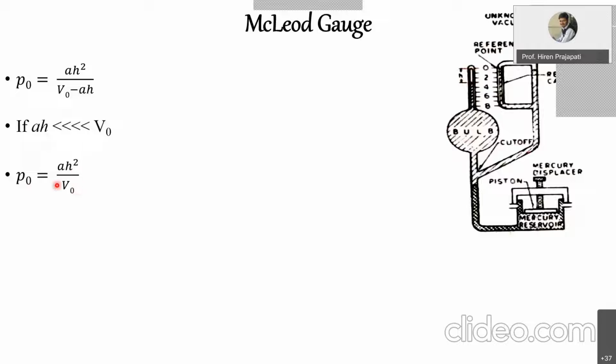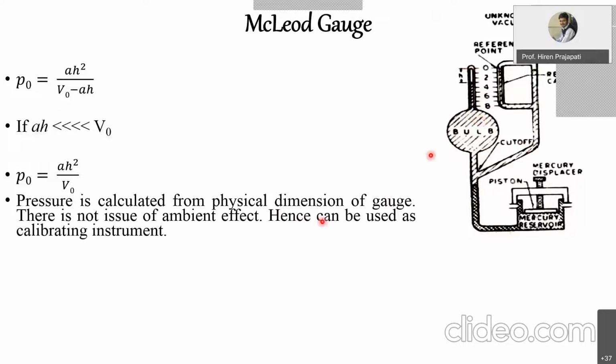This is our final equation after this assumption, because the volume of the measuring capillary is very small compared to the volume of the bulb. This final equation gives you the vacuum pressure from the McLeod gauge, right?